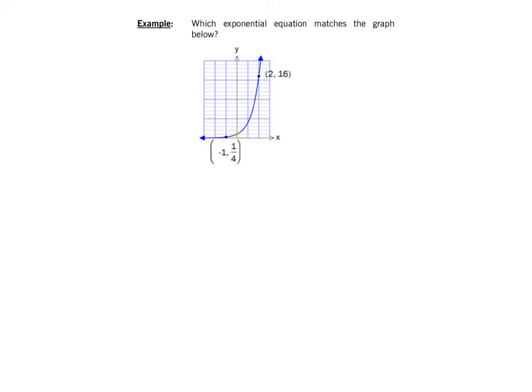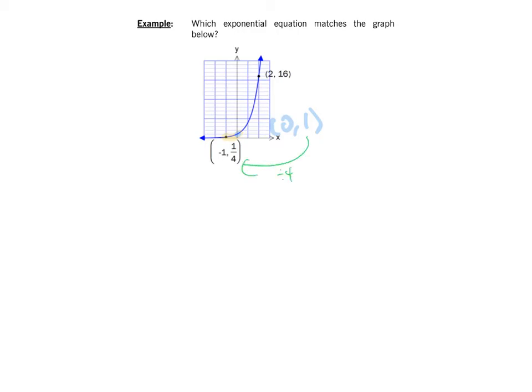That's 0, 1. Okay? So if that's 0, 1, now to figure out a different value here, let's look at this right here, negative 1, 1/4. So if we have 0, 1 right here, what do we do with 1 to bring it to a quarter?